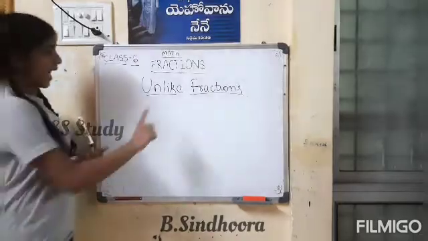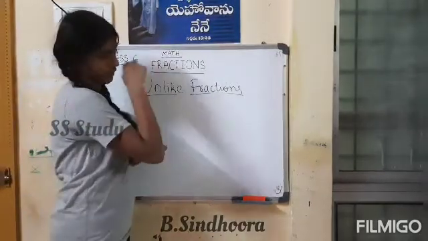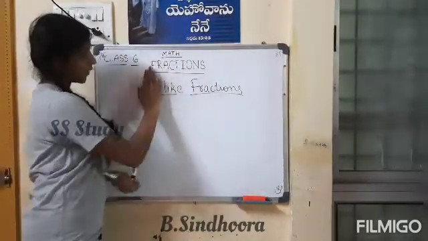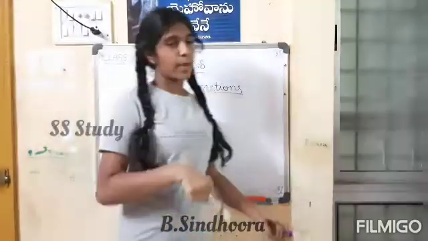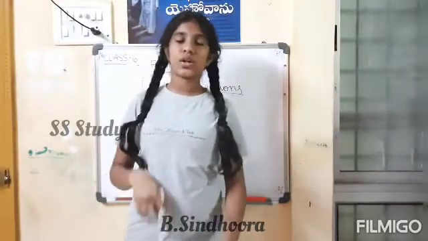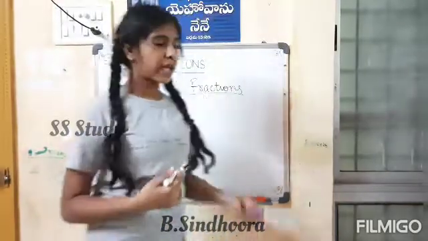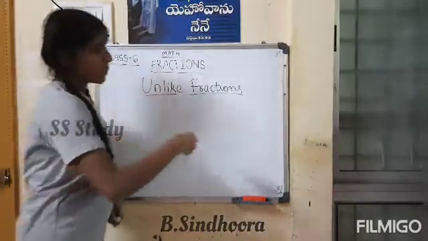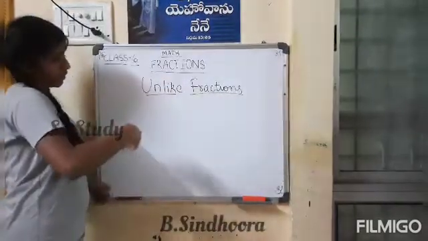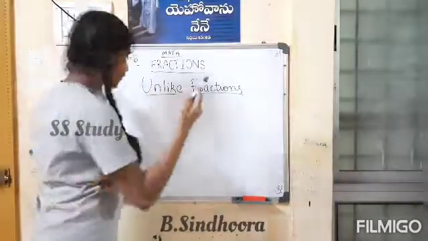Like proper fractions and improper fractions, like fractions and unlike fractions are also opposites. Like fractions have the same denominator, while unlike fractions have different denominators.